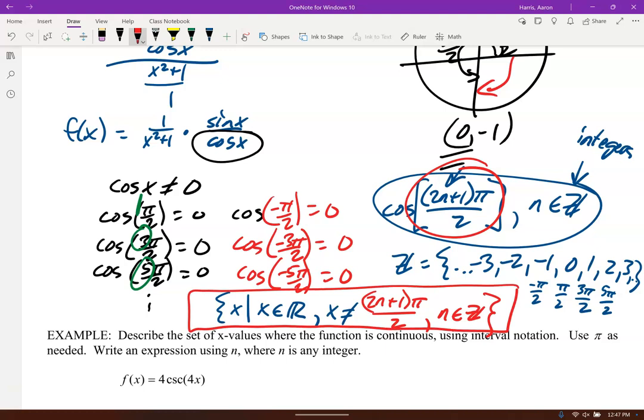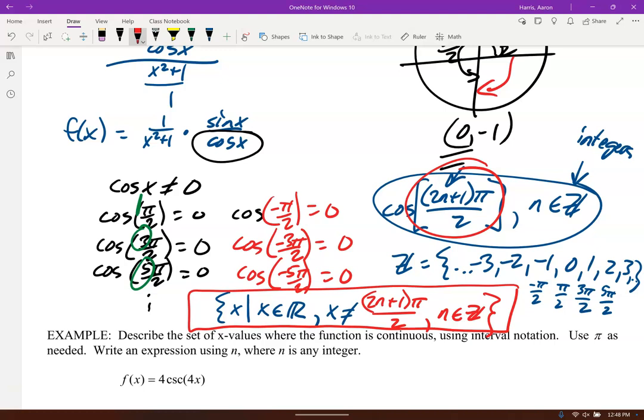So x can be anything but those, because that causes the cosine to be 0. That's the problem with that. You could also say n pi over 2, where n is odd, but you really should be a little more specific, because you want to include the negatives there, which I did.